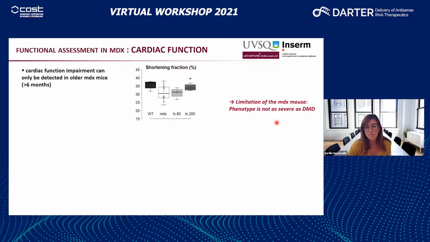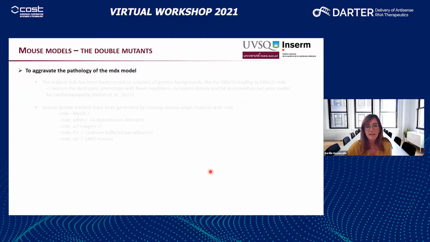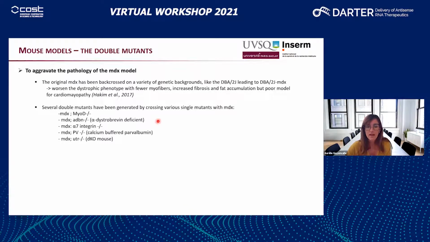There are a lot of other mutants that have been created, and this is the example of one of them, especially for cardiac function: the CMA dystrophin-deficient MDX, which has been used especially to look at treatment in the heart. For example, in the group of Matthew Wood, they were looking at peptide PMO treatments to improve the cardiac phenotype. In order to aggravate the pathology of the MDX model, there have been a lot of efforts.